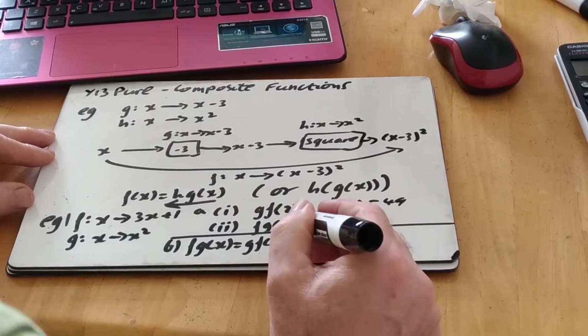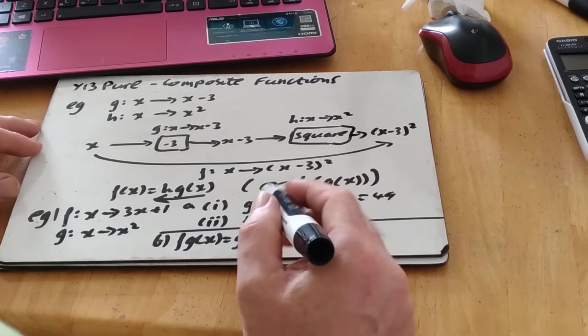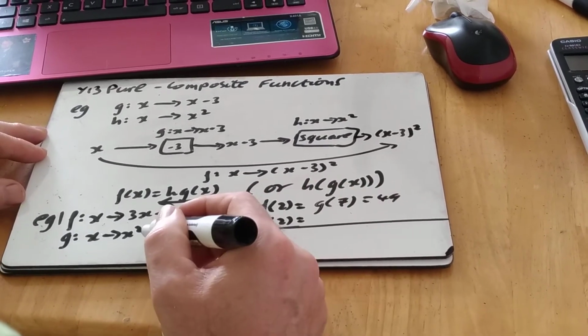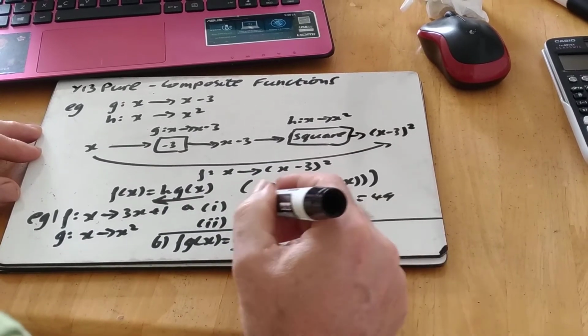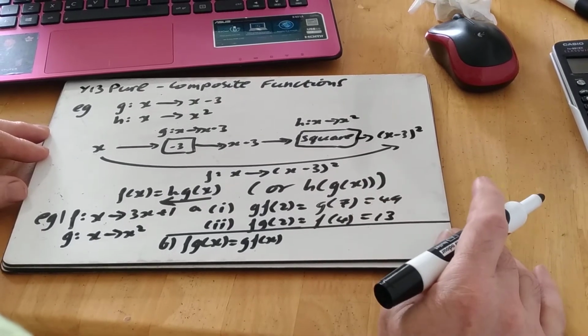If I did it the other way around, I might occasionally get the same value, but not all the time. So f of g of 2 means I stick 2 into g first, so I square it to get 4, and then stick 4 into f. So times by 3, 12, and add 1, 13.